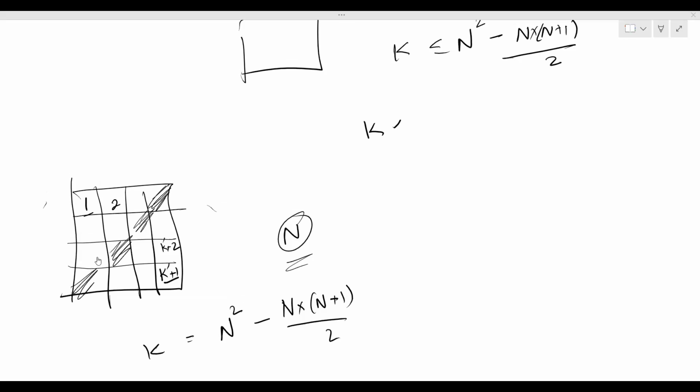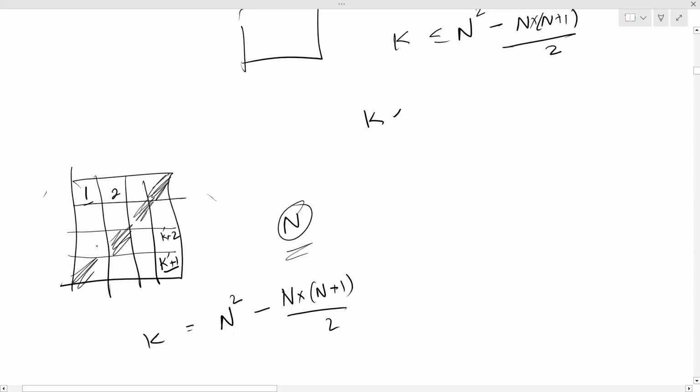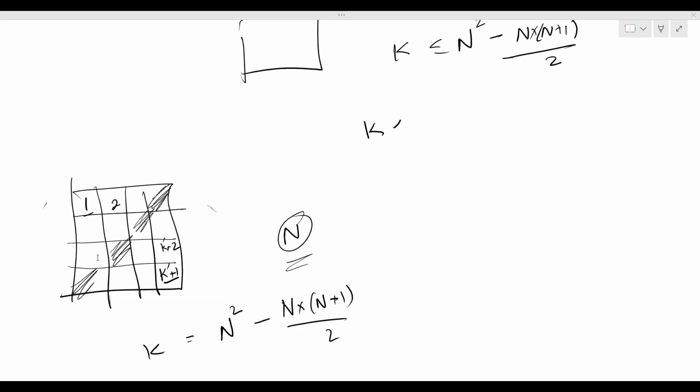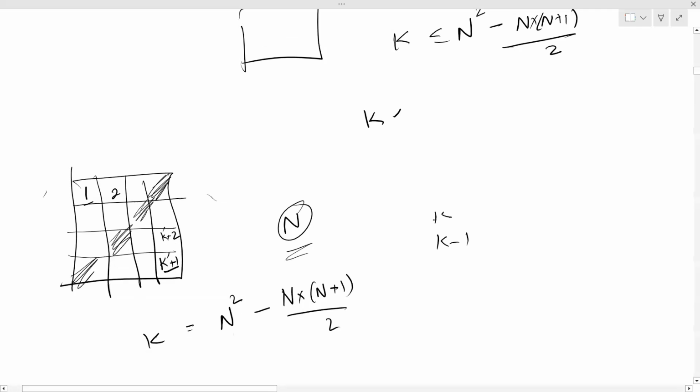So now, if this is the maximum value, there will be some things that cannot be paired. What values you cannot pair? You cannot pair k minus n plus 1.